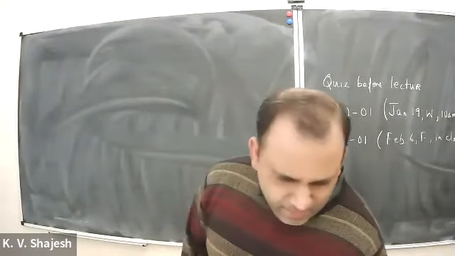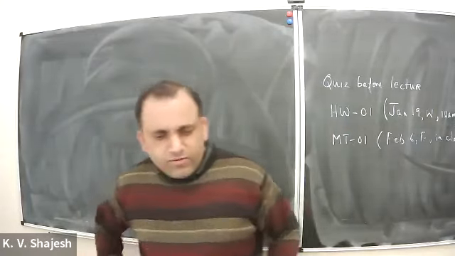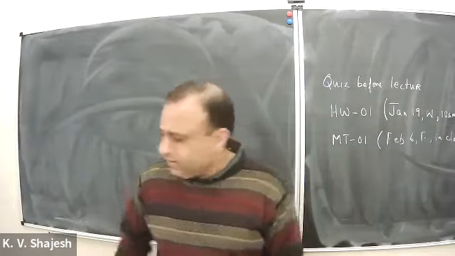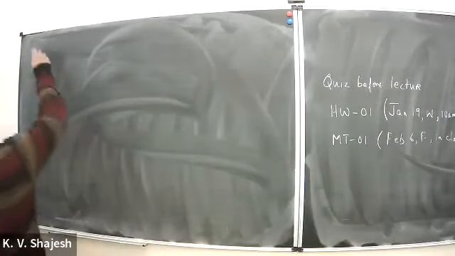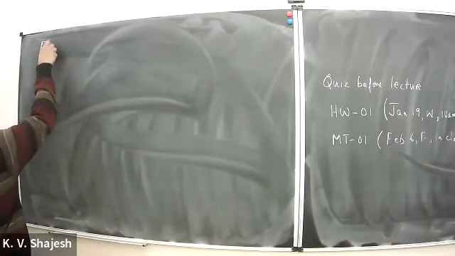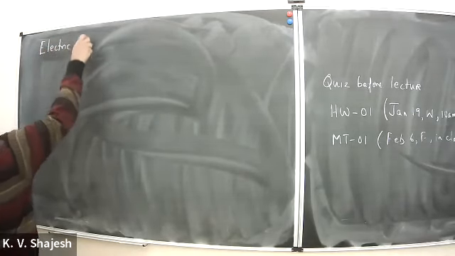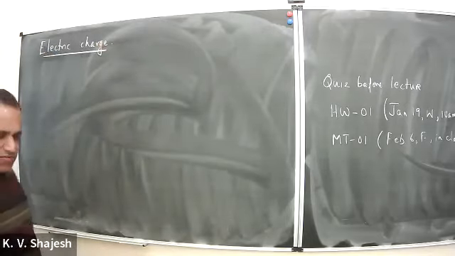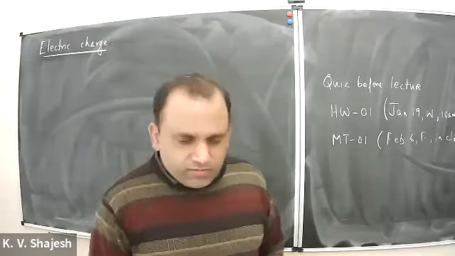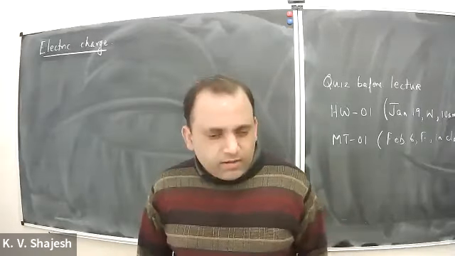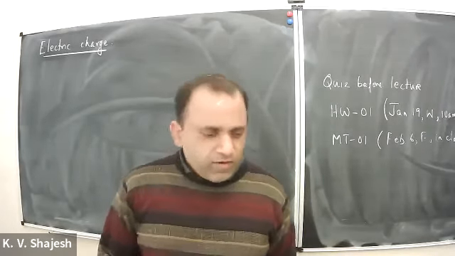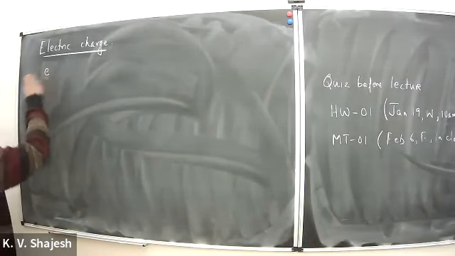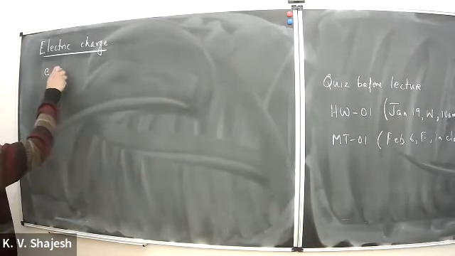So last time we barely started on introducing what an electric charge is. Interestingly, there is a least amount of charge that appears on any of the particles that we have seen as of now, and that is called the quantum of electric charge, and E is the symbol used for that.